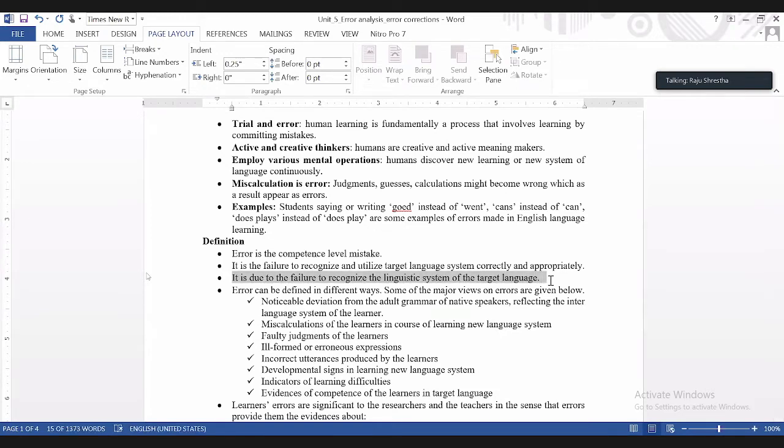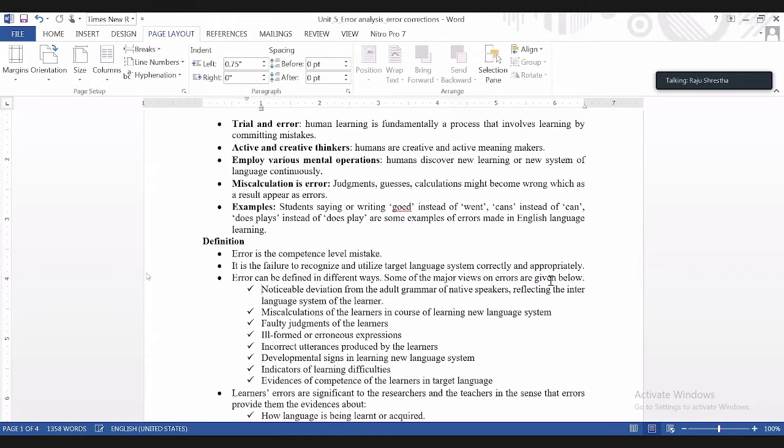So errors can be defined like noticeable deviation. हामीले स्पष्ट देखिन्छ के that kind of deviation, deviated form of language, from the adult grammar of native speakers. Native speakers use their language perfectly, so in comparison to that, learners produce some forms which are deviated, which are not acceptable, not according to the norms, patterns, system of the target language.